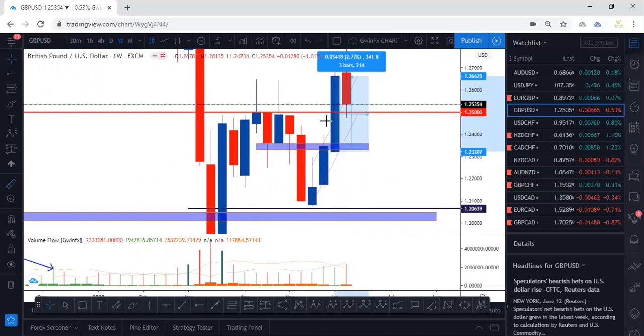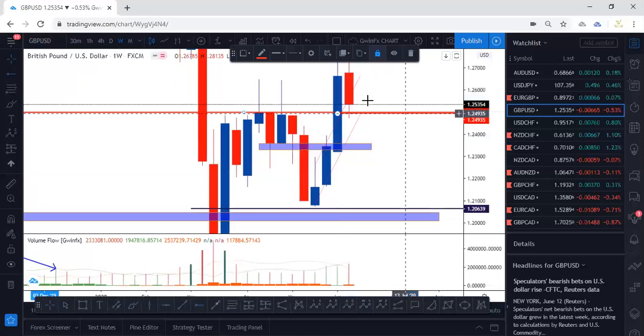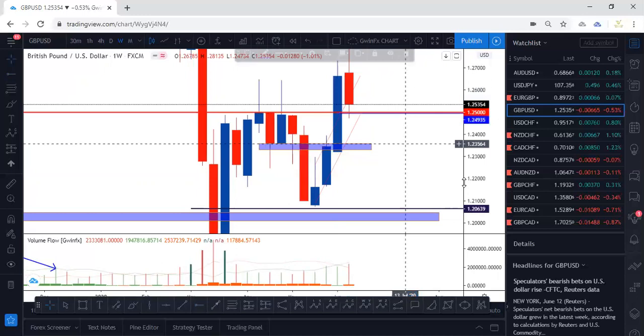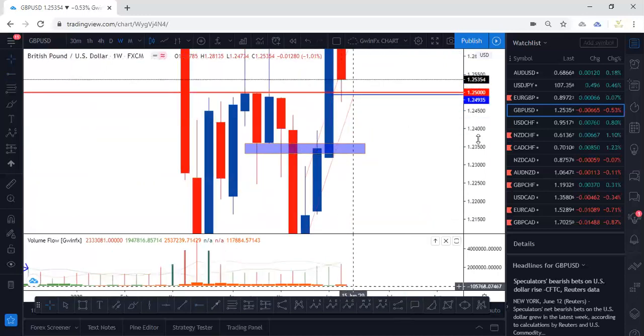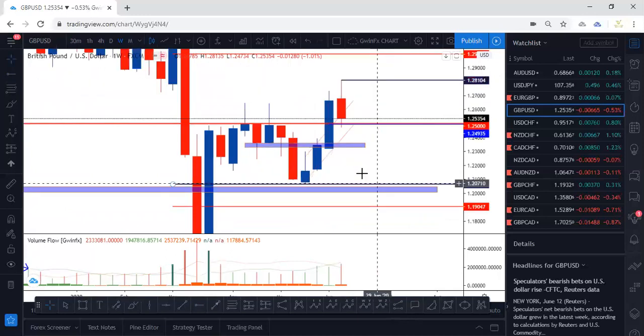So you've got to apply the half body structure here. So we use the blue line. Price then came in here with such great volume to bounce off. So we need to look at that carefully.